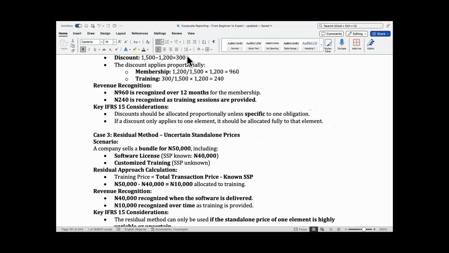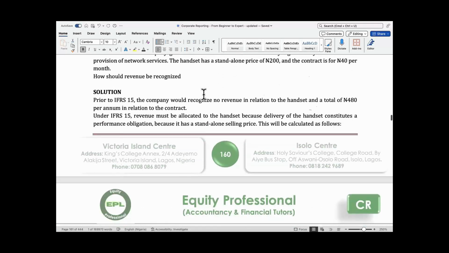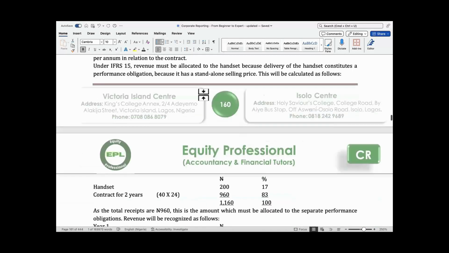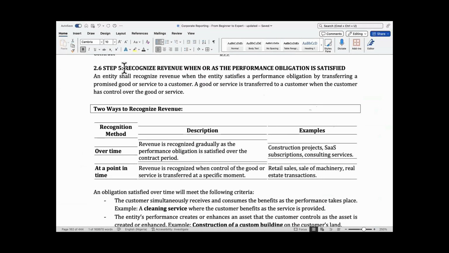We want you to recognize revenue separately for each service that is distinct. That's step 4. Now, step 5 is the one that actually says, recognize revenue. Step 5 is when you recognize revenue.